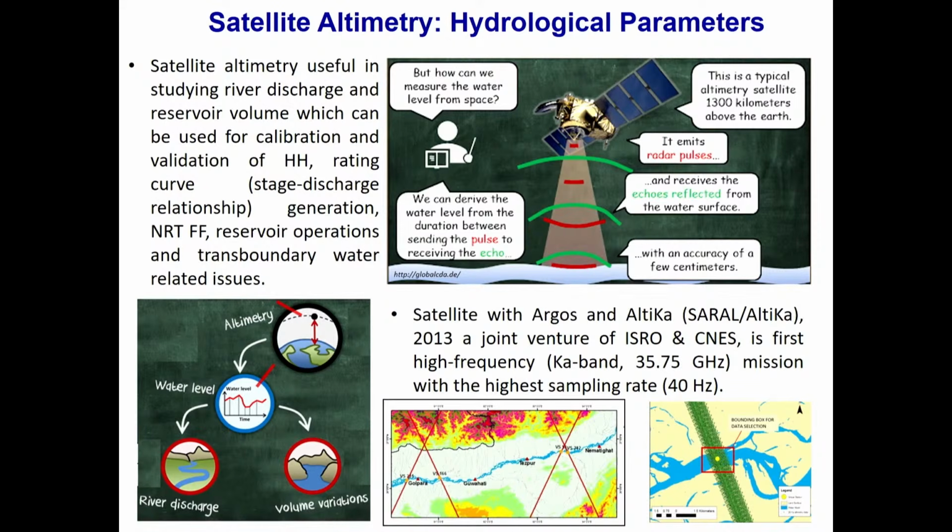There are now a number of missions like SARAL-AltiKa, Jason, TOPEX, and now we have the SWOT mission, the Surface Water and Ocean Topography mission, that is very useful, and that allows you to have water surface elevation in a spatial context.